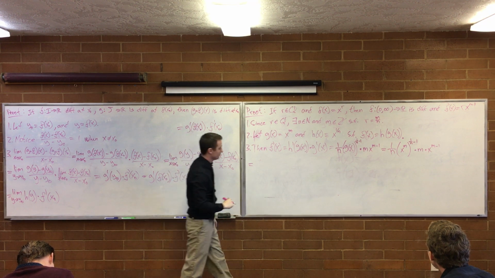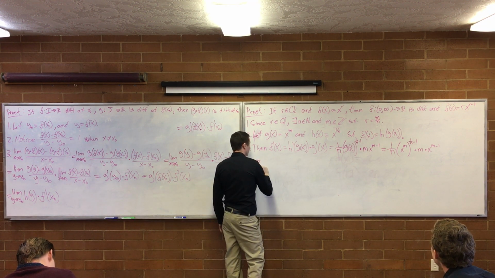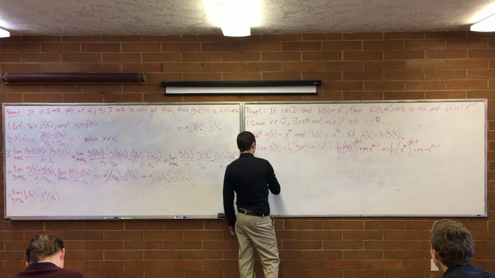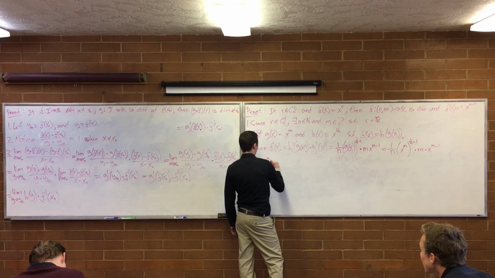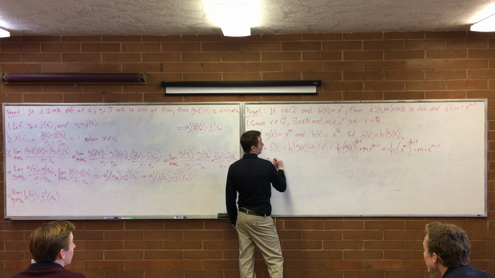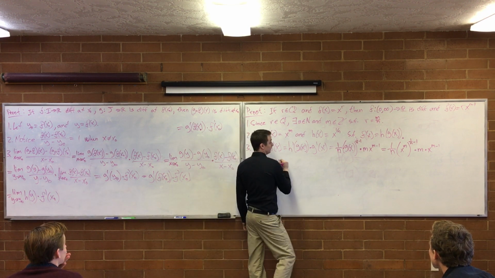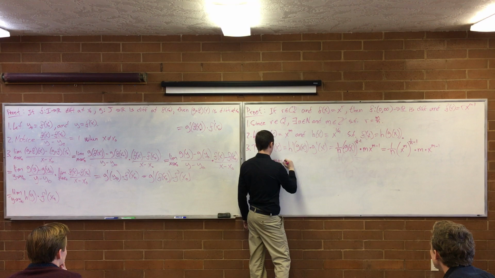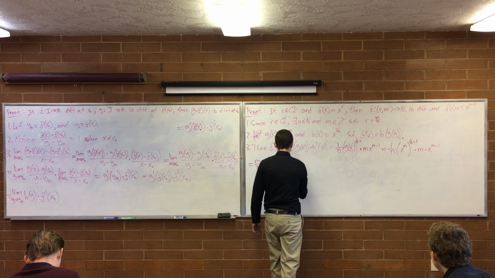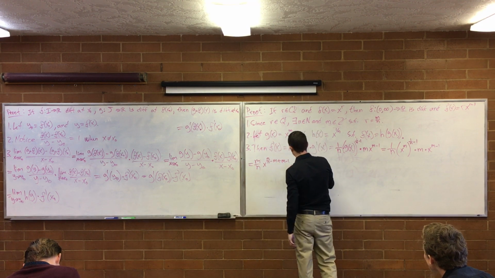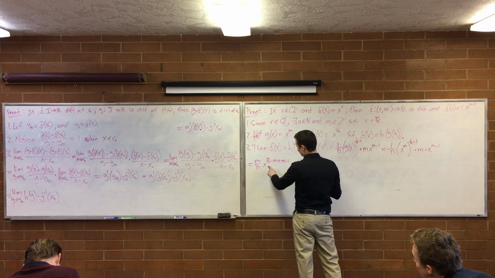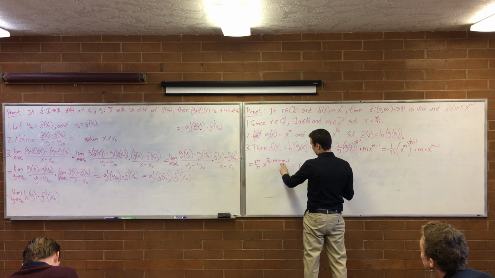Okay, now let's do the algebra. We have m over n times x to the m over n minus m, plus m minus 1. Okay, which is equal to m over n is just r, x to the r minus m plus n minus 1.